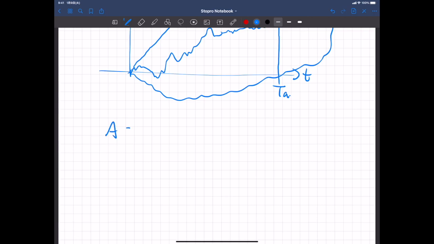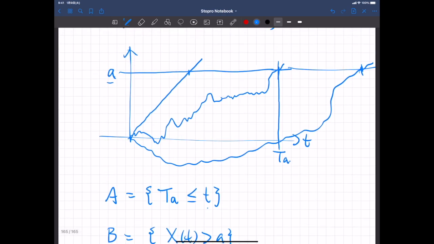Okay, A is defined to be this event: the first passage time TA is less than or equal to some given time t. And another event B is defined to be x of t is greater than a. So this means the Brownian motion already passed this point a.